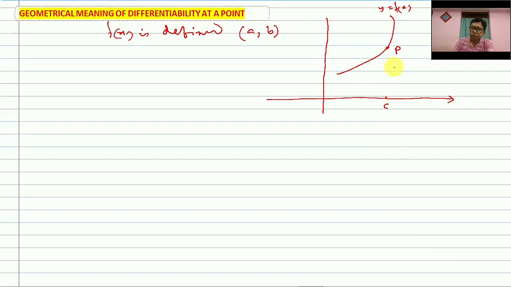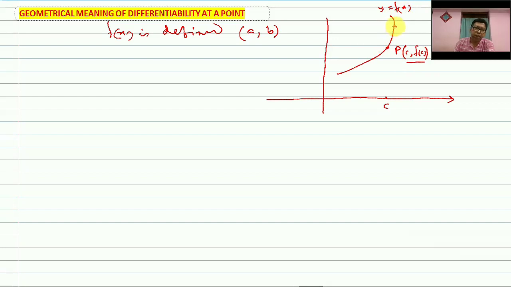So with respect to this domain point, the point P on this curve is nothing but c comma f of c. You know this one, because any coordinate on a curve or in the Cartesian plane will be x comma y. X is equal to c here, and f of c means y is equal to f of x. So if you substitute x by c, then you will get f of c. So the point is c comma f of c. Okay, we consider another 2 points.